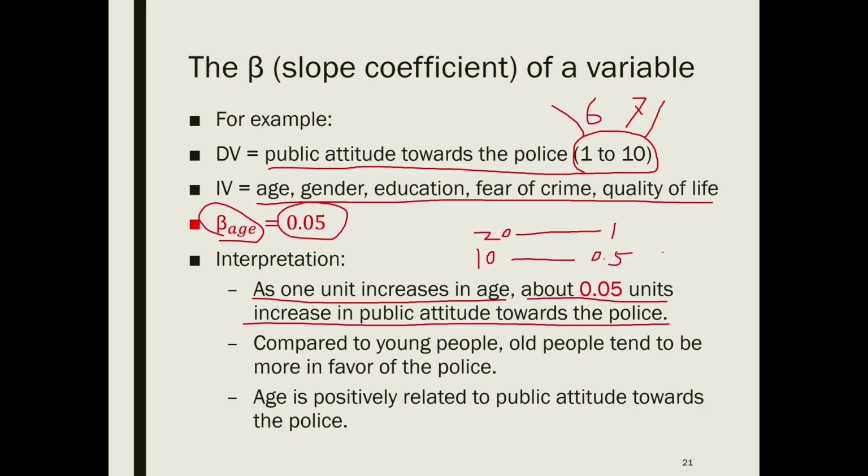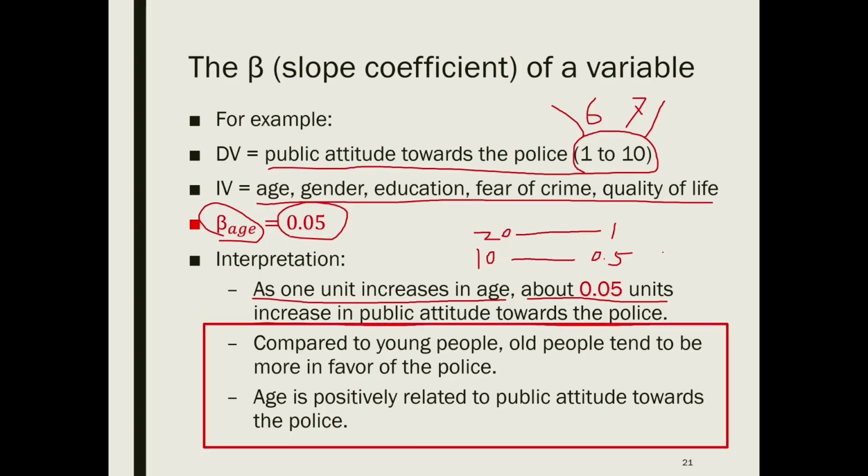But in practice, the most common thing you will see is at the bottom. The most important thing we want to know in social sciences is the direction. So if the coefficient of age is positive, then compared to young people, older people tend to be more in favor of the cops, right?